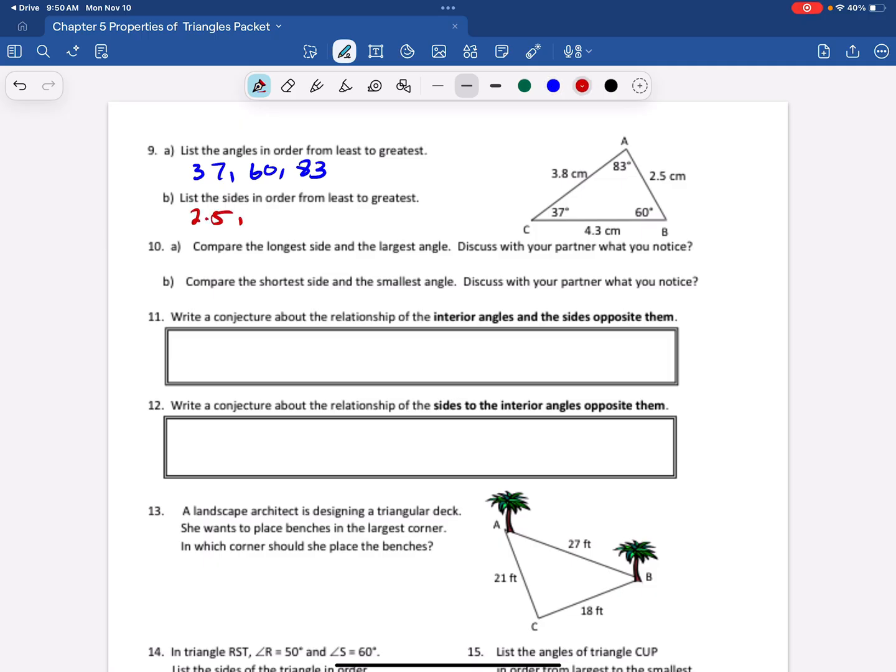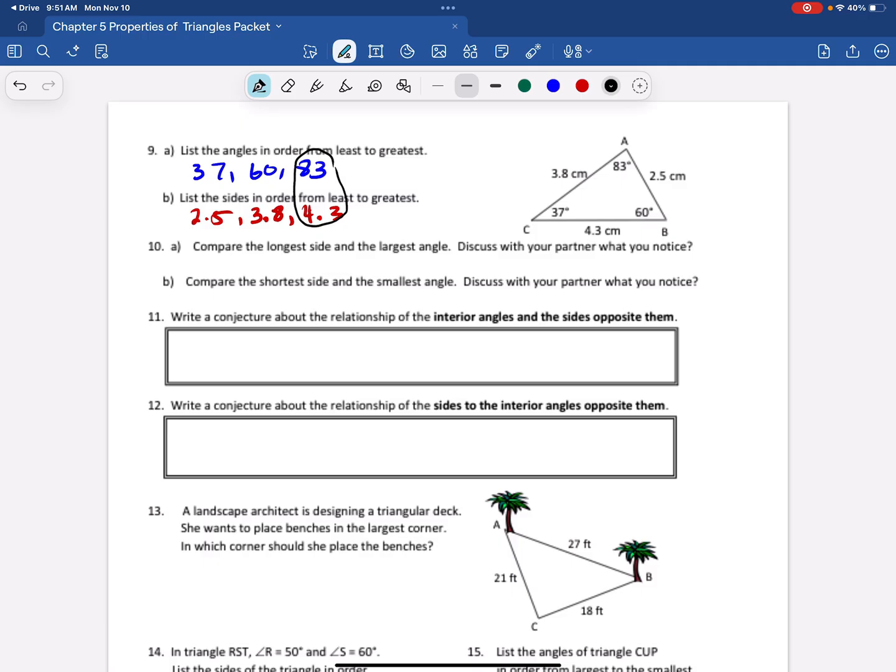And the sides from least to greatest are 2.5, 3.8, and 4.3. And so what I want us to do is compare the longest side and the largest angle. So I'm going to circle those. Here's the longest side and the largest angle. And what do you know? They're both last in my list from least to greatest.